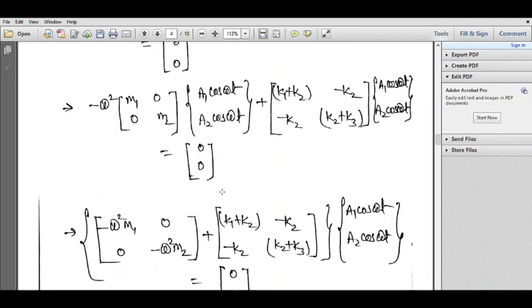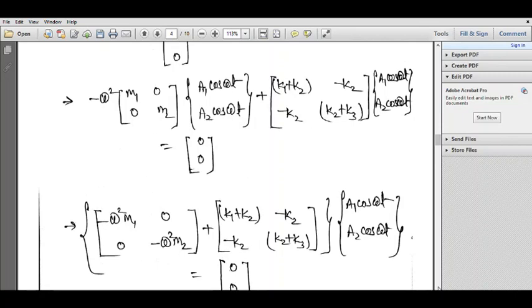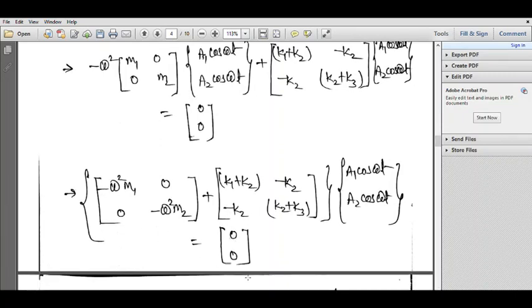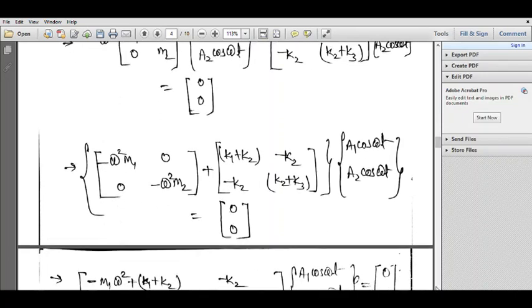Now once I'm getting these forms, I can take a1 cos omega t, a2 cos omega t column matrix common from both matrices, right? So that is what I have done here. Out of this matrix and the stiffness matrix, I have taken a1 cos omega t, a2 cos omega t column matrix as common. Okay, and that should be equal to 0 column matrix.